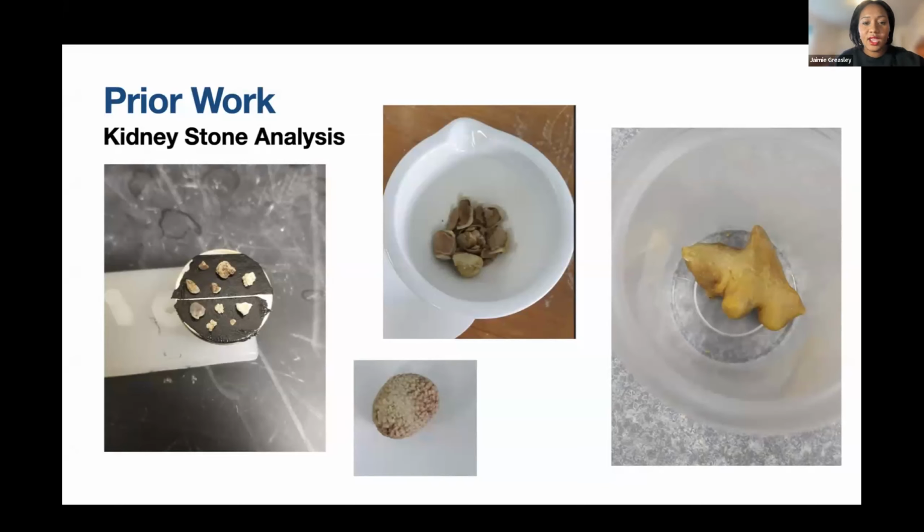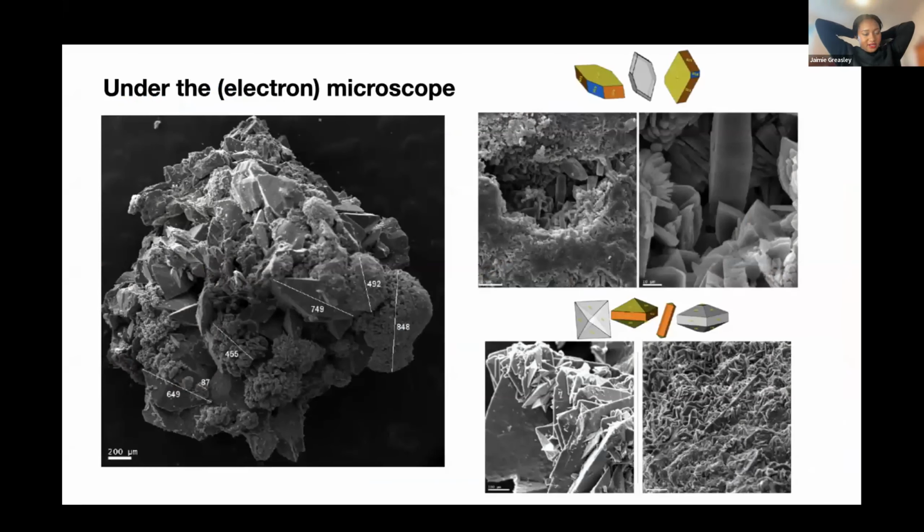We can use various techniques to analyze them. One of the first techniques I looked at was electron microscopy, visualizing what the crystals look like under that. You have some interesting shapes, and you see some nice symmetries that are a testimony to its intrinsic order, right?